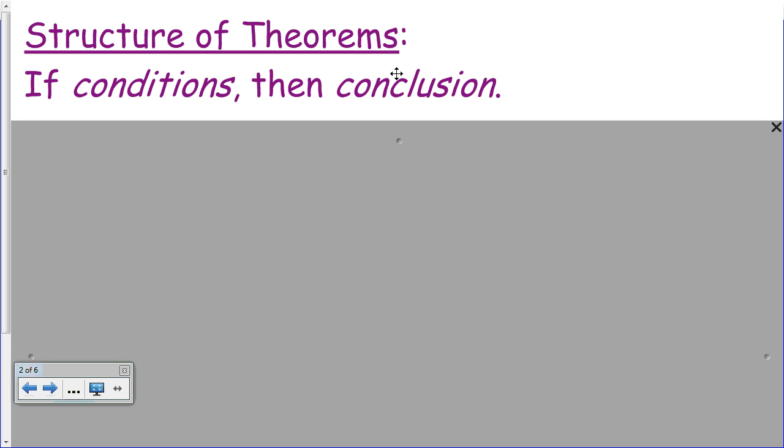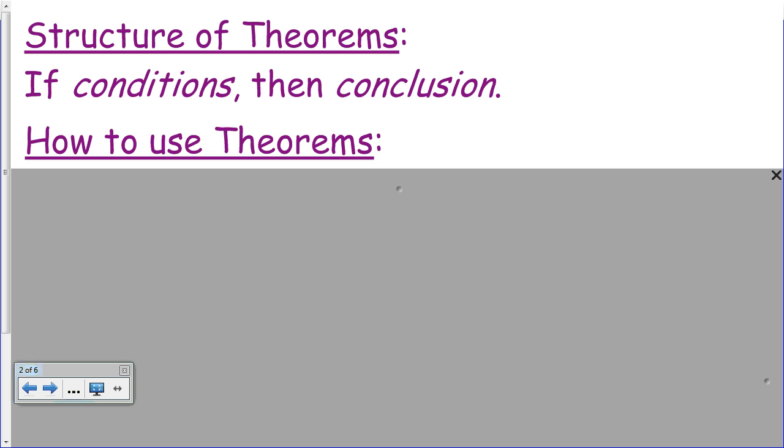The basic structure here indicates that you have to meet the conditions in order for the conclusion to also be true. Now there's other types of theorems we'll look at as well later on, but for right now we're going to just focus on this type, an if-then theorem.